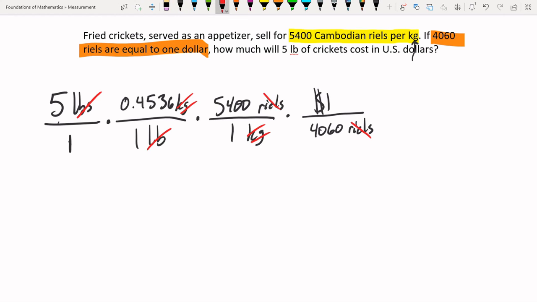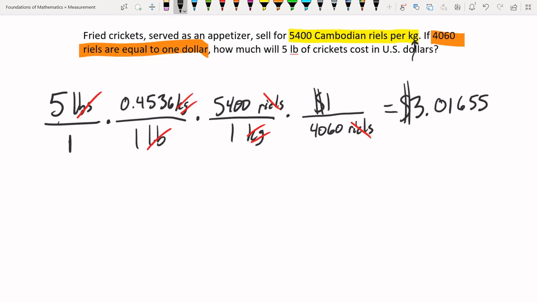And that gives me a conversion between 5 pounds to some amount of dollars, which we will find here by doing the multiplication. 5 times 0.4536 times 5,400 divided by 4060. That gives us 3.01655 dollars.